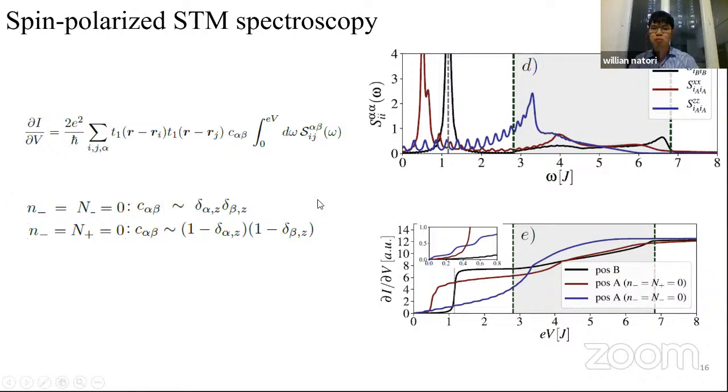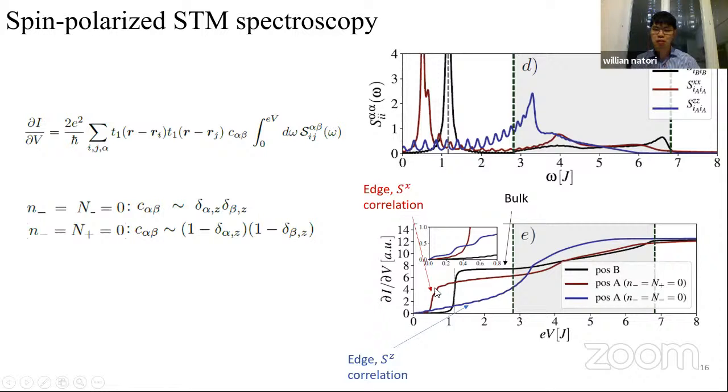So if you polarize the chip and the substrate with the same spin, you will measure just the SZ correlation, which will give the response of these edge states. And if you polarize in opposite directions, you will measure the correlations of everything but this SZ correlation.